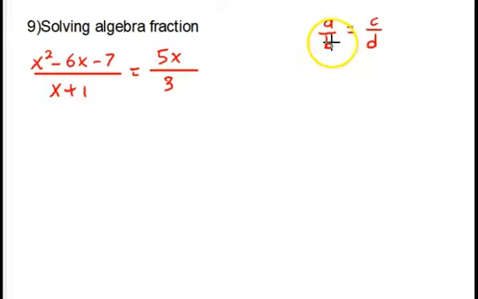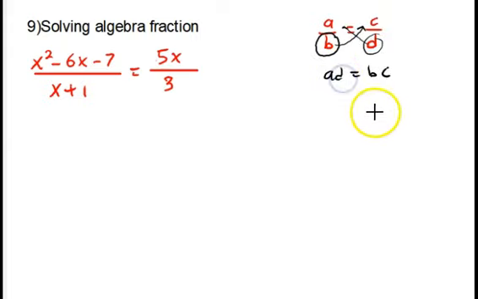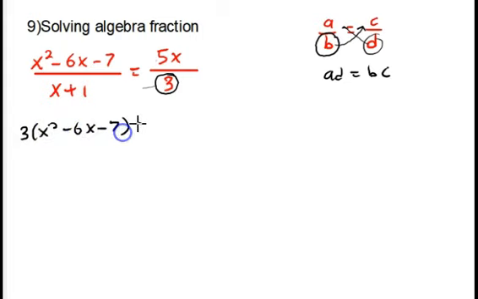We have to cross multiply, which means that the b will go here and be multiplied with c, and the d will go here and be multiplied with a. This is a simple concept that we are going to apply over here. We take the 3 here and multiply it over here, so it becomes 3 bracket x squared minus 6x minus 7, and we take the whole thing over here and multiply it at this part, so it becomes 5x bracket x plus 1.